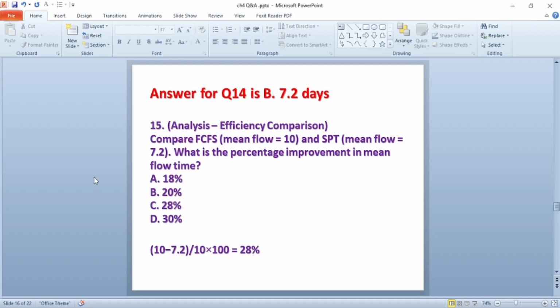To calculate this, deduct SPT from FCFS, divided by FCFS, times 100, which is equal to 28. So the answer is C.